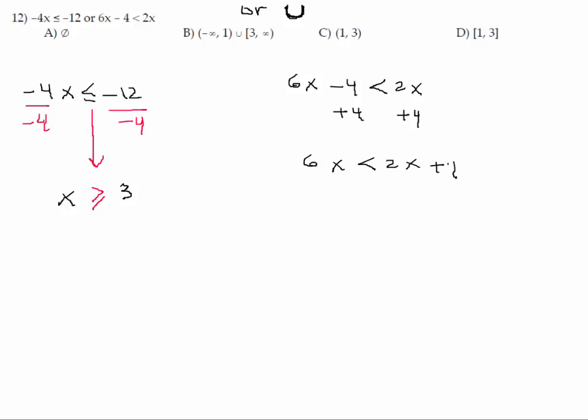Now if I subtract 2x from both sides of the inequality, I get 4x less than or equal to 4, and then I get x is less than or equal to 1.